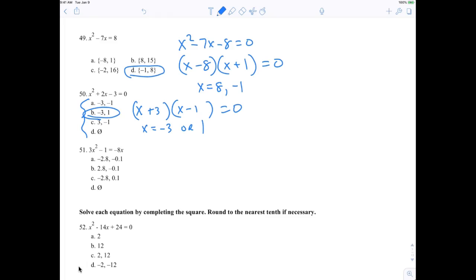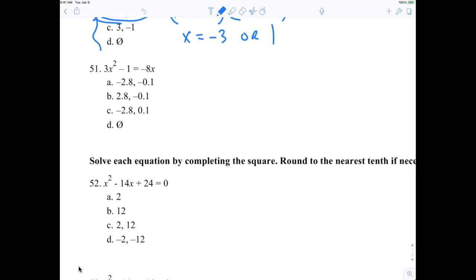All right, here we go. Now, 51. Look at 51. For 51, we set it equal to 0, so 3x squared plus 8x minus 1 equals 0. Now, everybody should be able to tell me that does not factor.